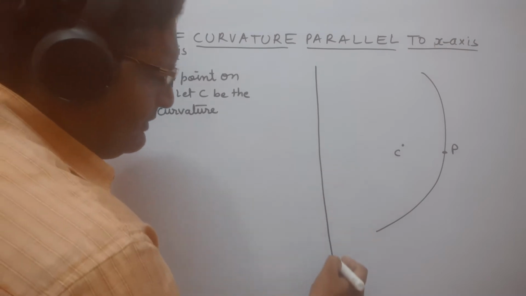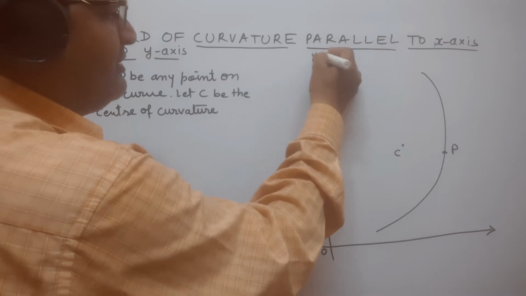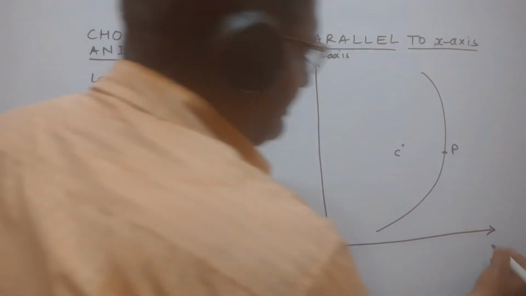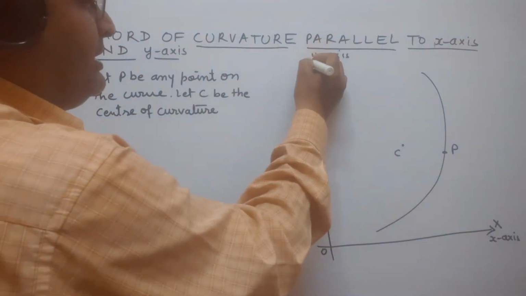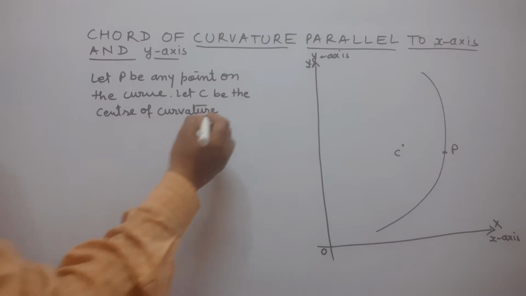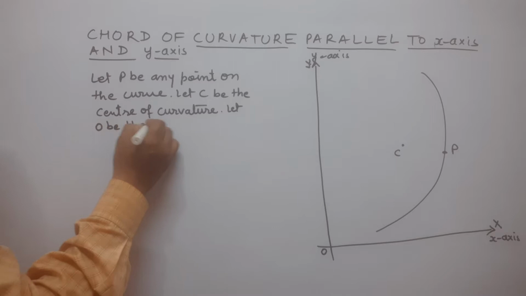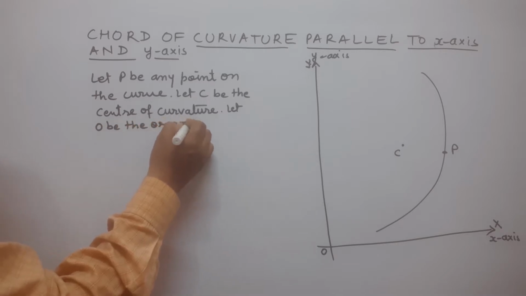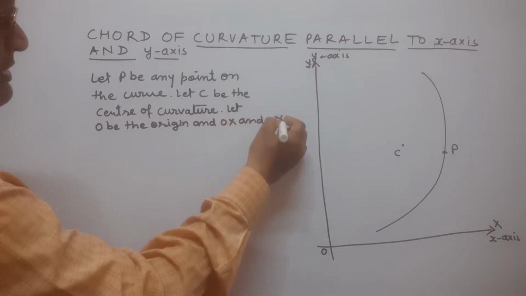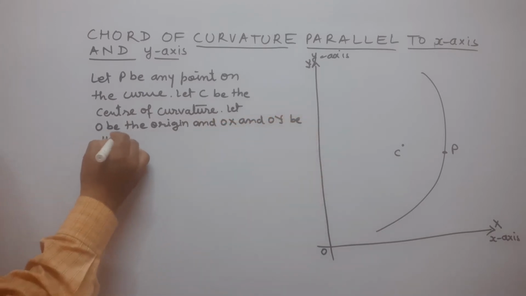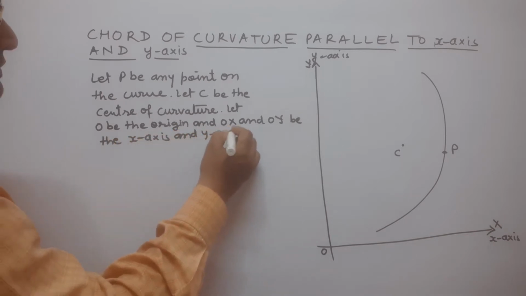Here, this is x-axis and y-axis. OX and OY are the x-axis and y-axis. Here let O be the origin and OX and OY be the x-axis and y-axis respectively.